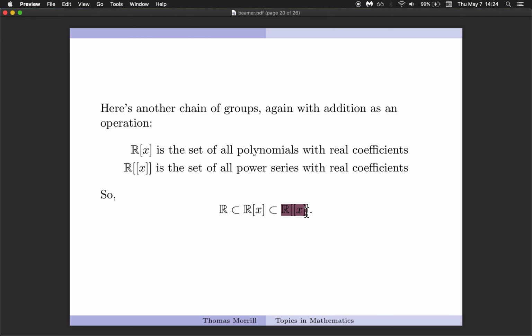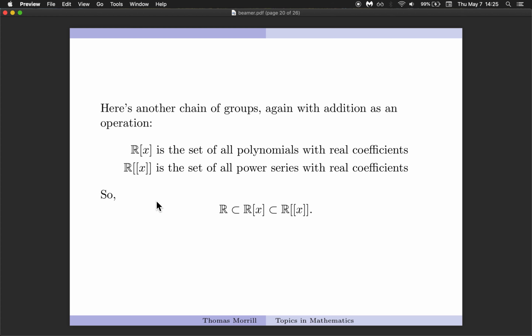And you can even think of it as a power series that is just the constant term 0 and no higher powers of x. And if you add any two elements from a single one of these sets together, you stay within that set. The sum of two real numbers is a real number. The sum of two real polynomials is another real polynomial. And the sum of two real power series is a power series.